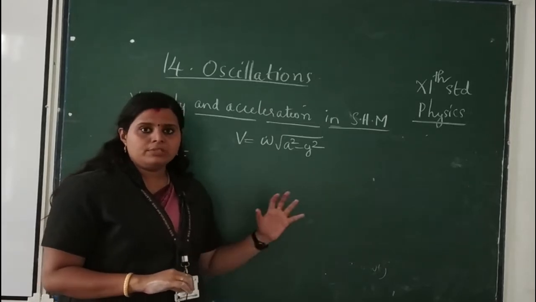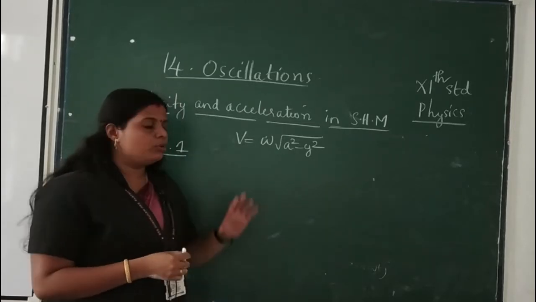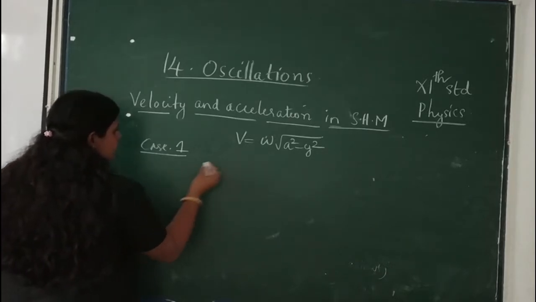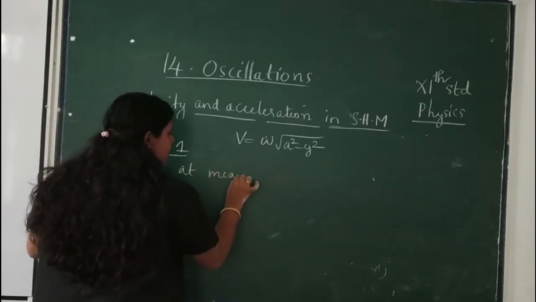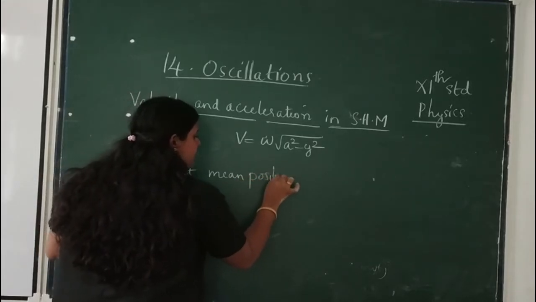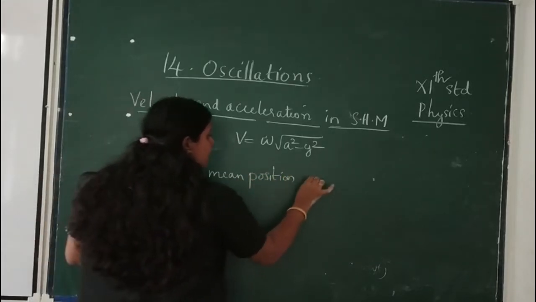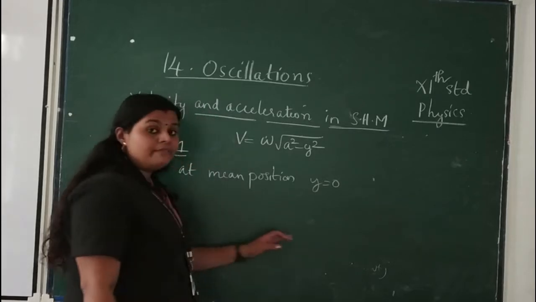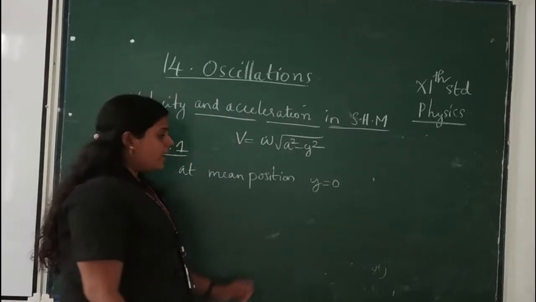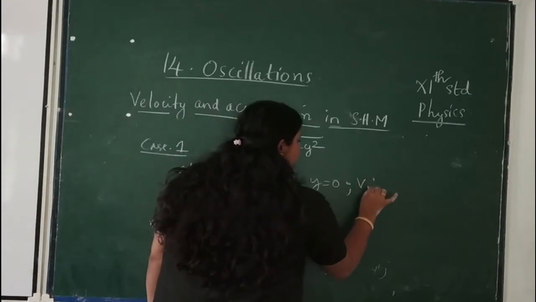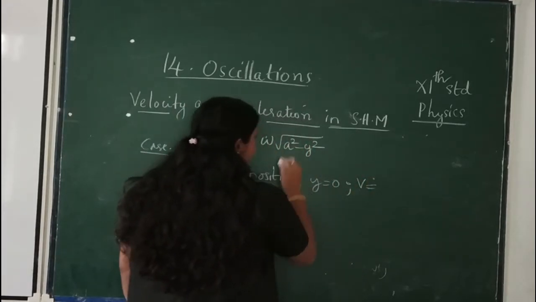Now we are going to discuss two cases of this velocity. So the first case, suppose the particle is at the mean position. Let's first imagine the particle is at the mean position. If it is at the mean position, this is the peculiarity, its y will be 0. The displacement in the y direction will be 0. Then what will the velocity be? Yes, in the velocity expression we have to substitute for y.